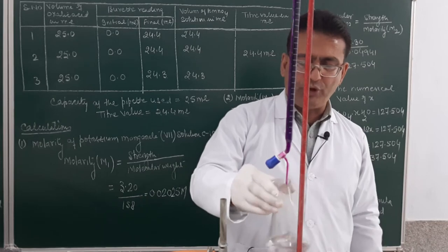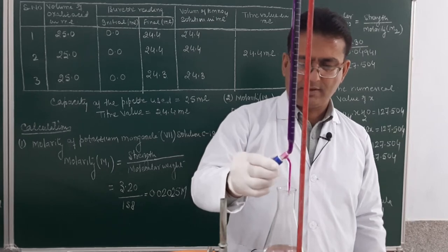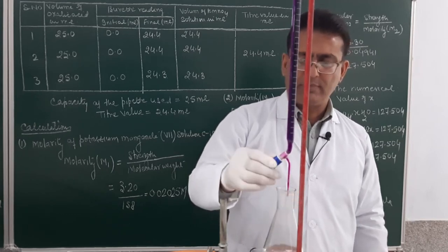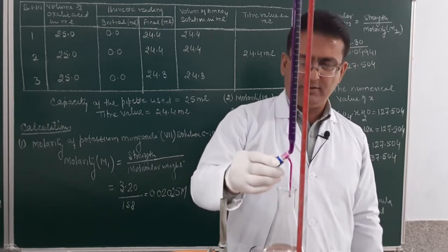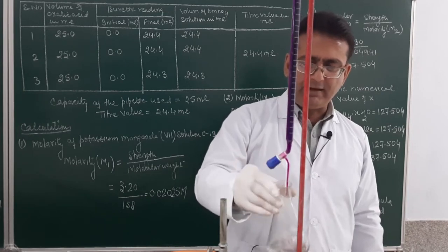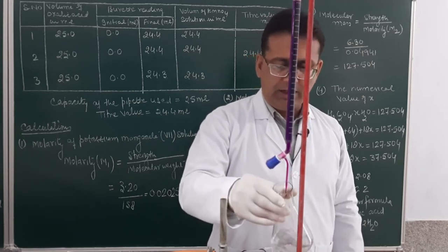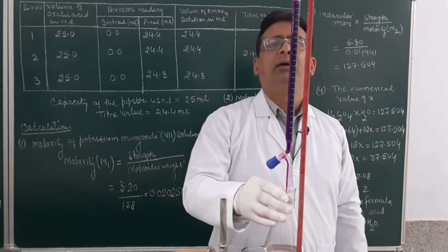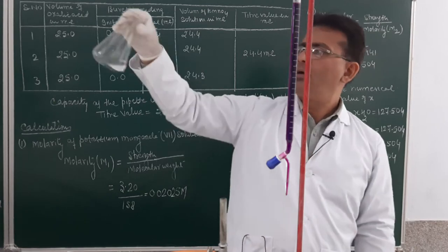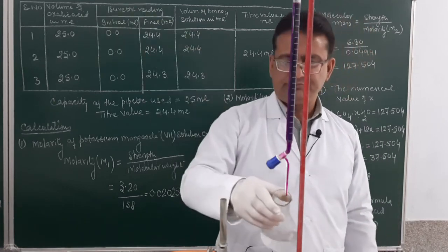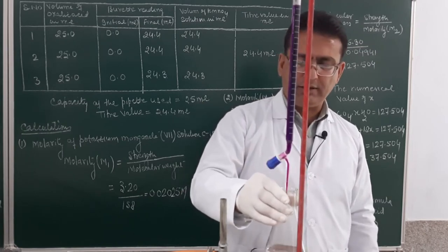There will be the addition of a few more drops of KMnO4 solution. And as soon as I obtain the persistent light pink color, it will indicate the end point of the titration. Is it getting clear, student? We are almost there. A few more drops and we'll get the persistent light pink color.